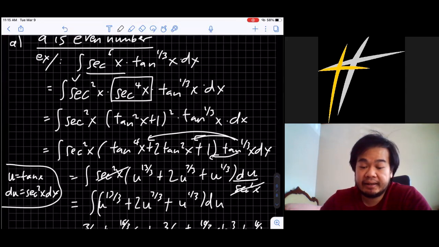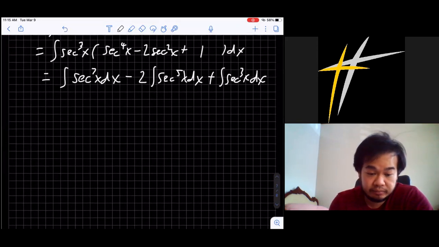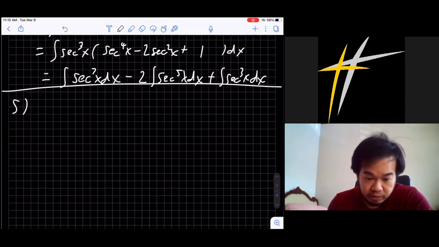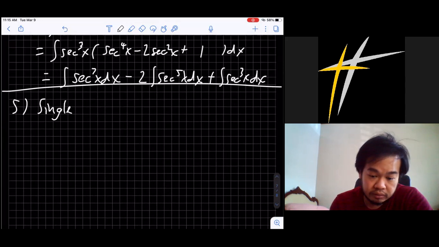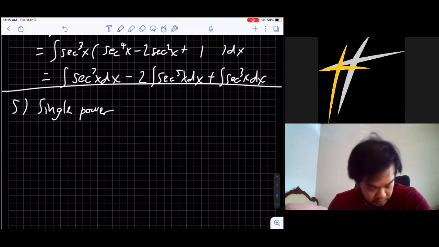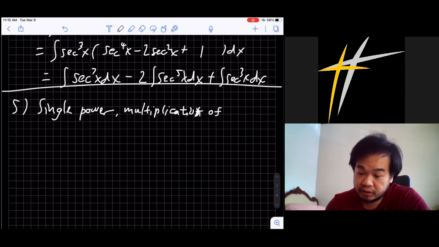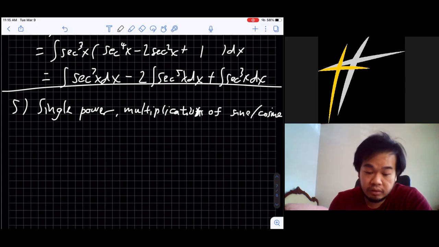Okay, and then for the last one, this is quite different from the first 4. The 5th one is actually a single power multiplication of sine cosine with different arguments.